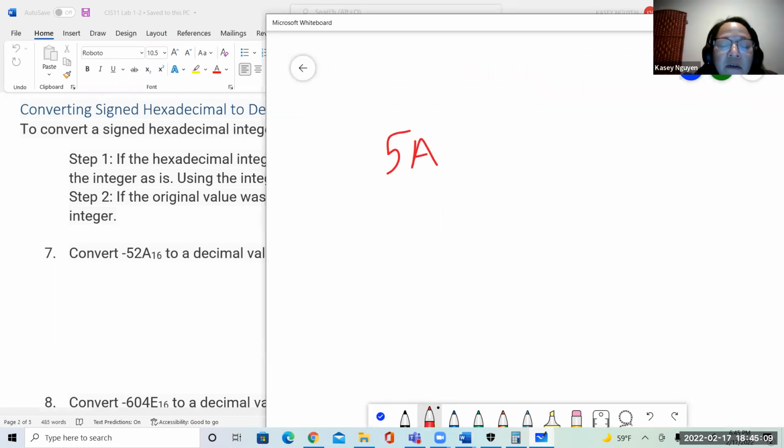So we would start with 5A2A, and we're going to treat it as how we would an absolute value, so we can find its 2's complement, okay? And then we simply attach the negative sign when we output it. So again, we are going to do the 2's complement of this. So 5 subtract 15, we are going to have 10, which is A, okay?